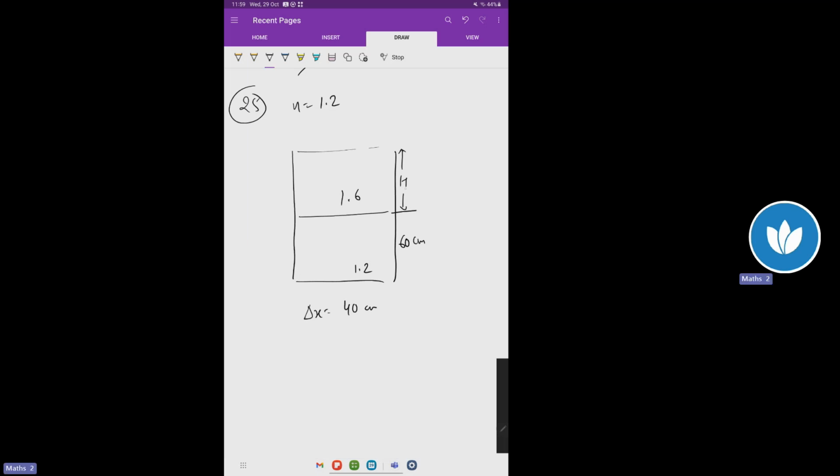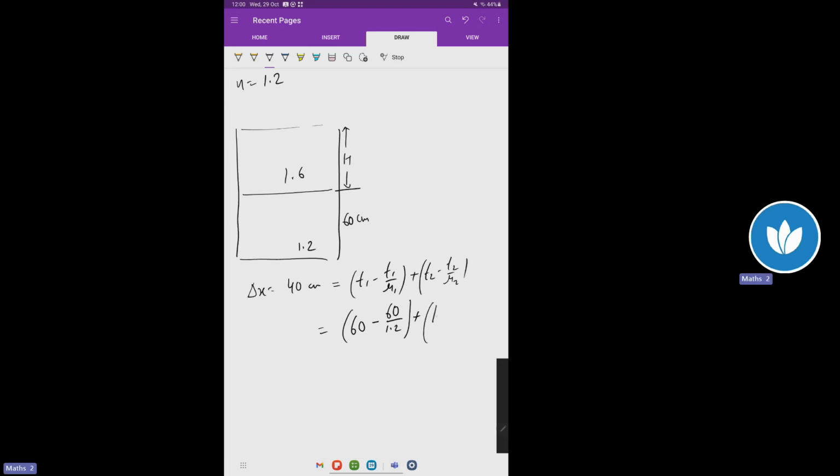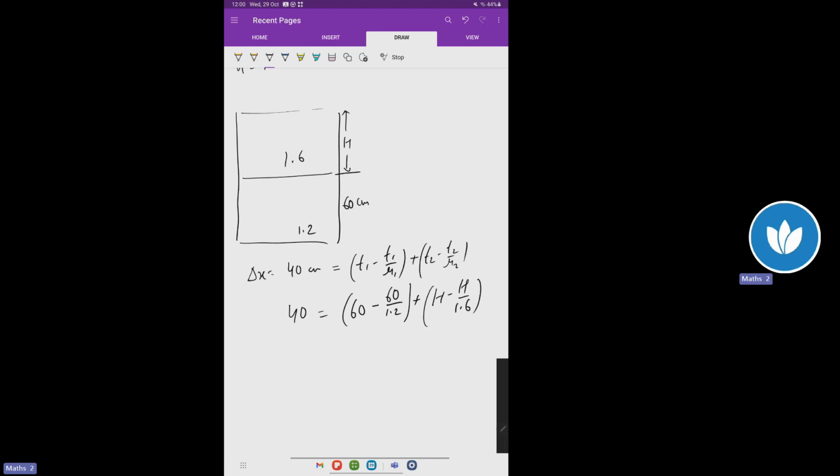Find the value of h. So net apparent shift is equal to T1 minus T1 by mu1 plus T2 minus T2 by mu2. This is 60 minus 60 upon 1.2 plus h minus h upon 1.6 is equal to 40.